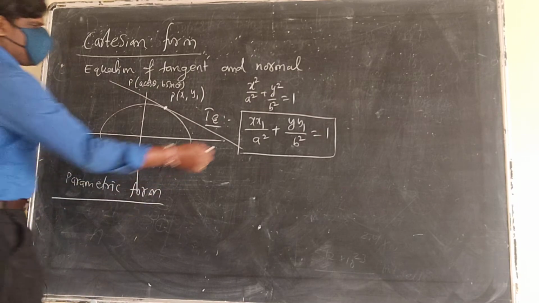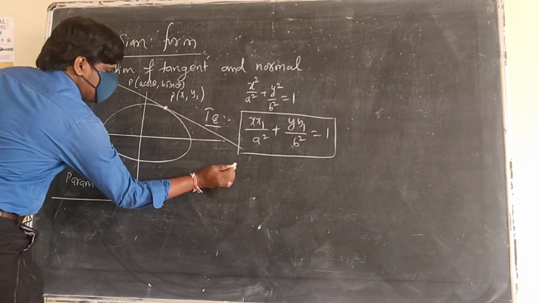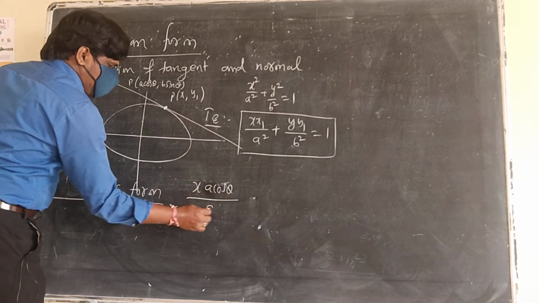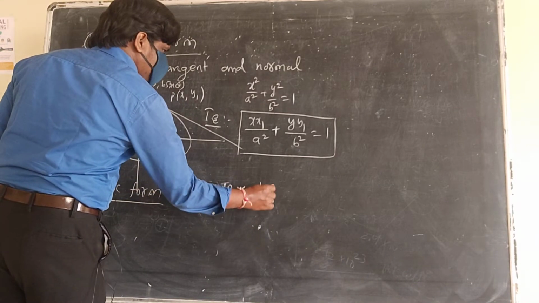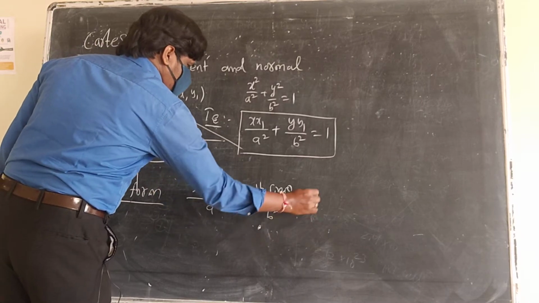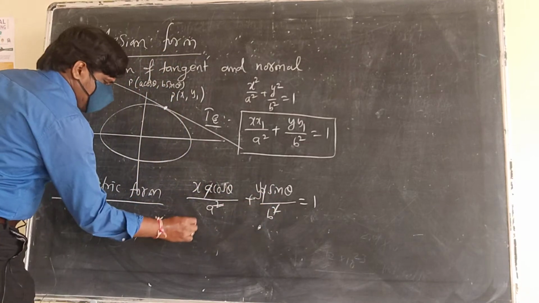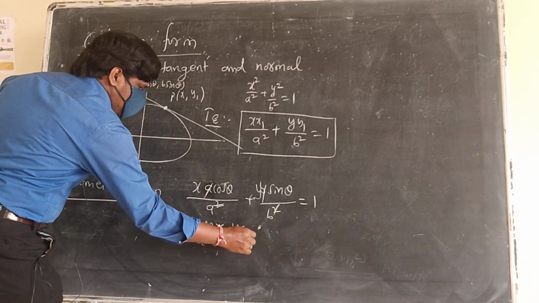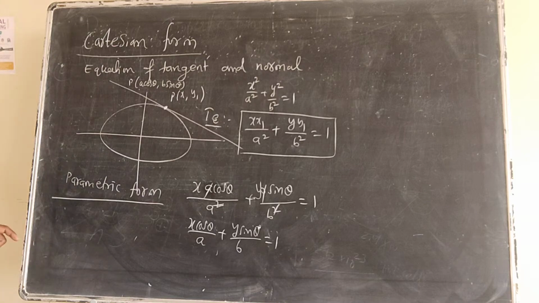Then in the place of x1 we write a cos θ, and in the place of y1 we write b sin θ: x·a cos θ/a² + y·b sin θ/b² = 1. a cancels with a square, b cancels with b square, so x cos θ/a + y sin θ/b = 1. This is the parametric form.